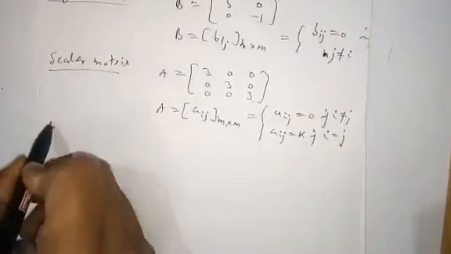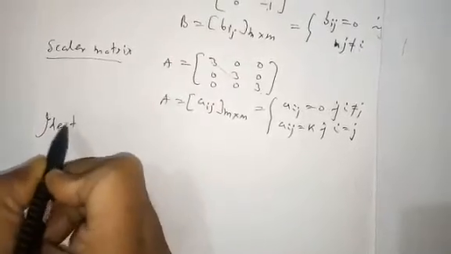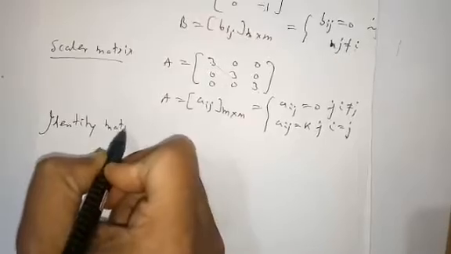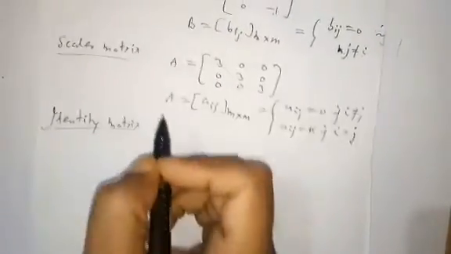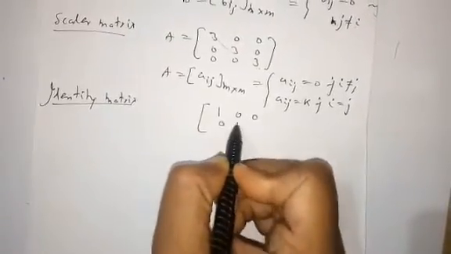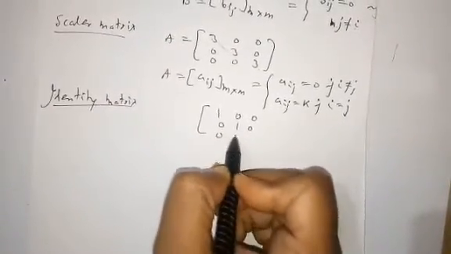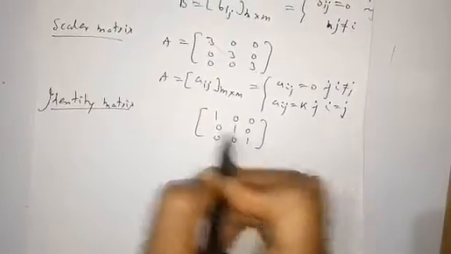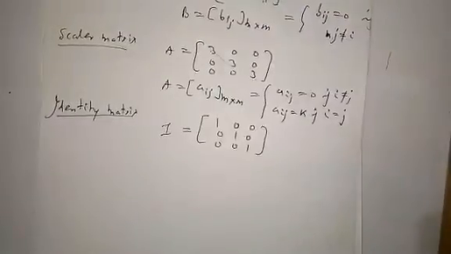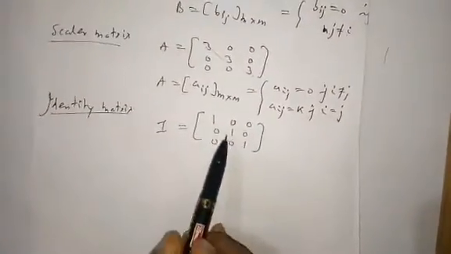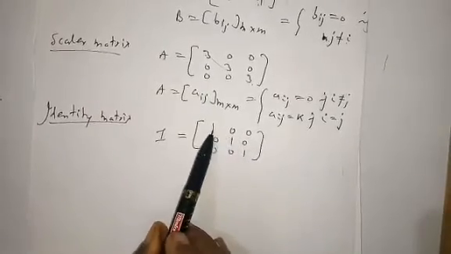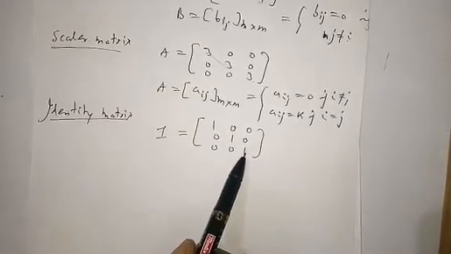Next is the identity matrix. An identity matrix looks like this: 1 0 0, 0 1 0, 0 0 1. In an identity matrix, generally we take I for the identity matrix. In an identity matrix, the non-principal elements are 0 and the principal elements are always 1.